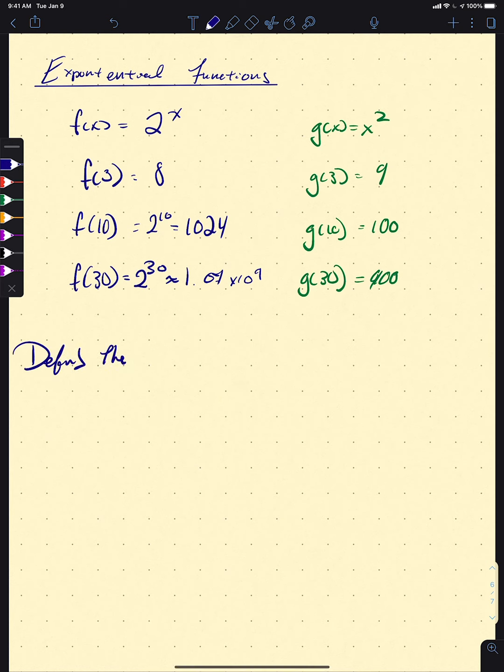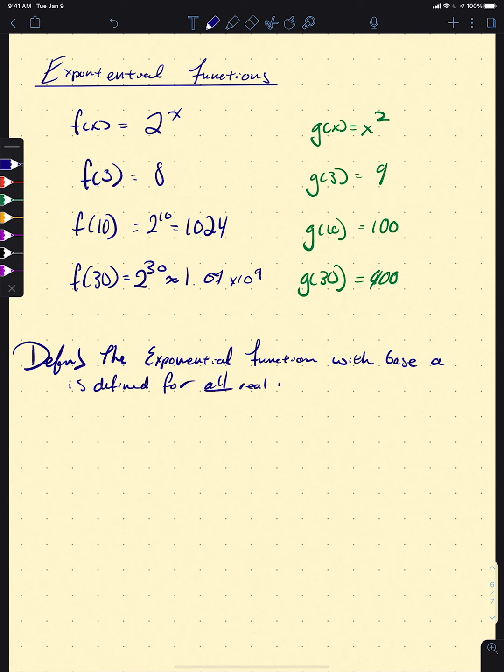The exponential function with base a is defined for all real numbers, which just means that our domain is all of R. For all real numbers, I guess we'll call them x, by f of x equals a to the x.